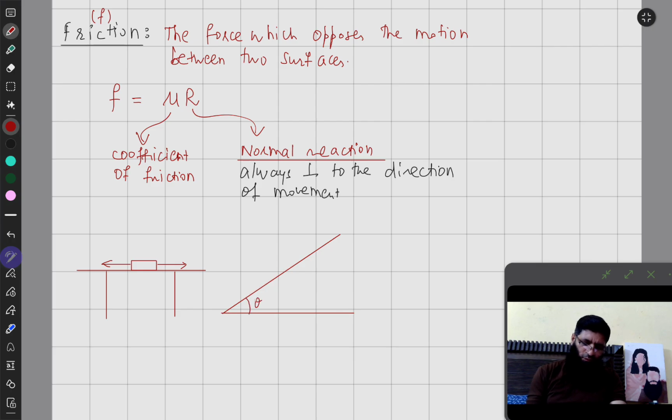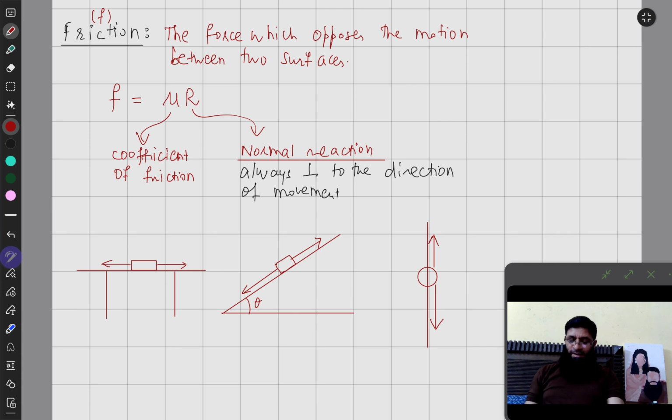This is the angle of the inclined plane, and the object is moving in this direction along the inclined plane. Or you can also have this condition. This is a vertical rod, and there is a ring which is moving along this vertical rod.